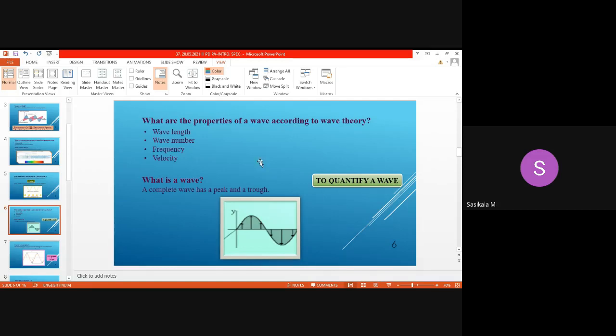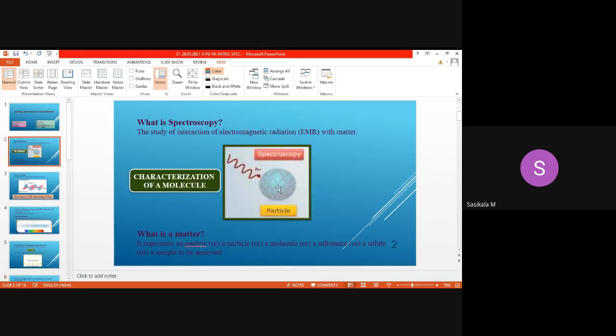So what are the properties of a wave according to wave theory? There are four properties: wavelength, wave number, frequency, velocity. Before moving on to this, we should know what a wave is. To characterize the wave means we can quantify the wave. How many waves are passed into the sample? In the case of quantification, the interaction of wave occurs with a particle.